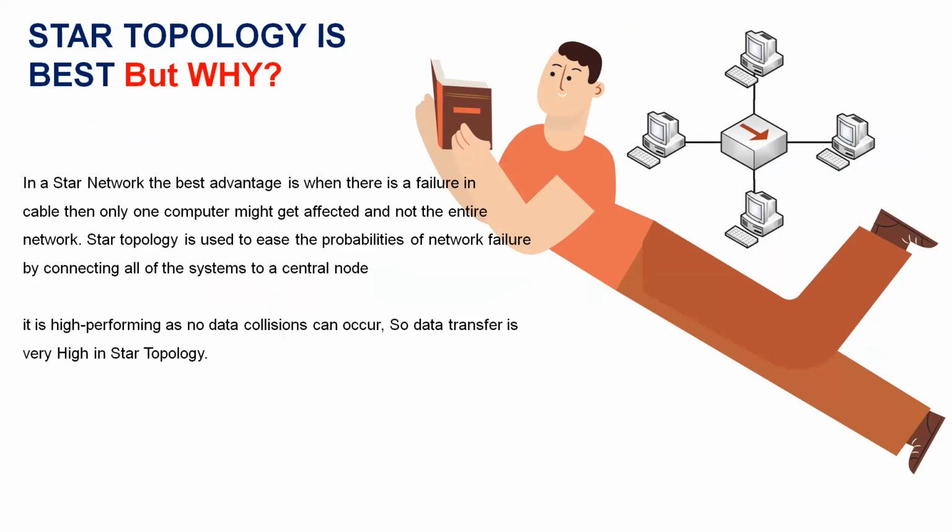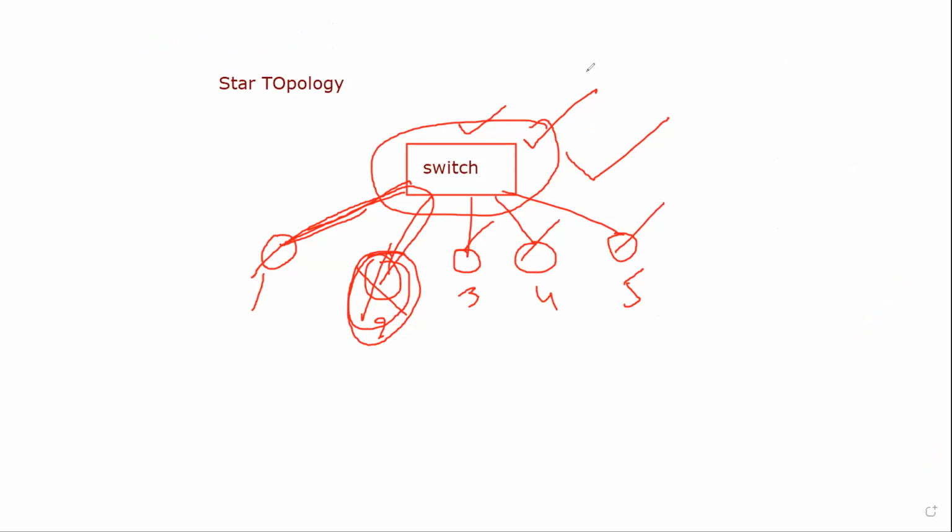Also star topology is high performing as no data collision can occur. So data transfer is very high, and star topology is known as the best topology for all LAN connections. So star topology is best.